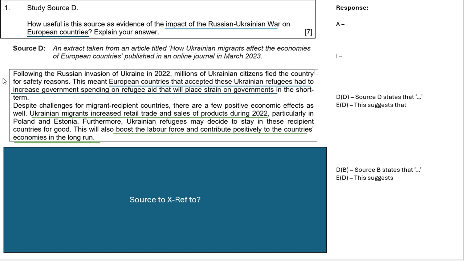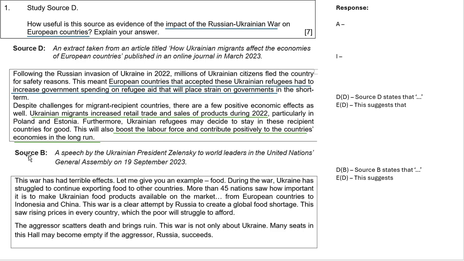After reading all the other sources, you realize that the source that perhaps is most appropriate is actually source B. Why? Because source B also relates to the idea of the impact of the war on European countries. So what does it say about European countries?